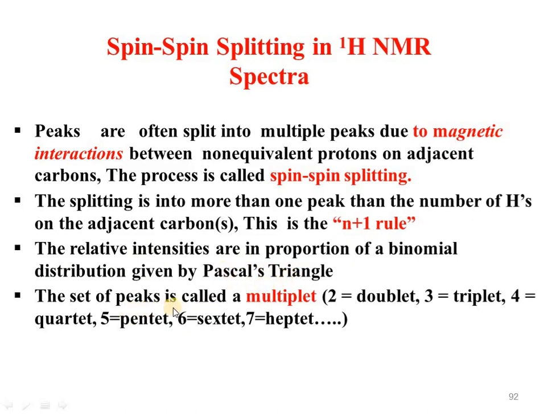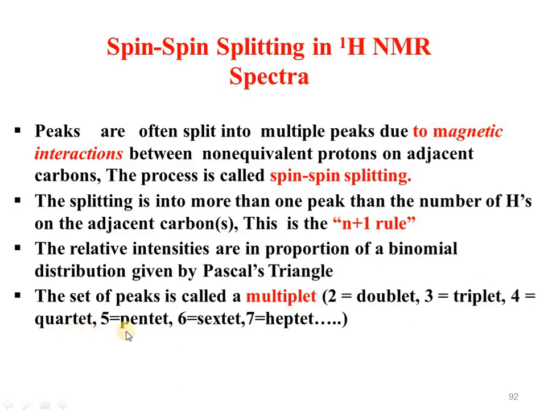The set of peaks is called a multiplet. So if a signal is a set of peaks, then it is called a multiplet. In a multiplet, that is in a signal, if there are two peaks, then we say it is a doublet. If there are three peaks in a signal, then it is a triplet. If four peaks, then a quartet.